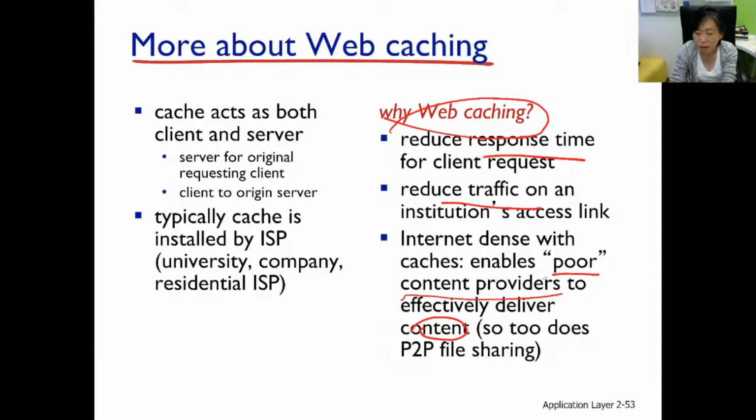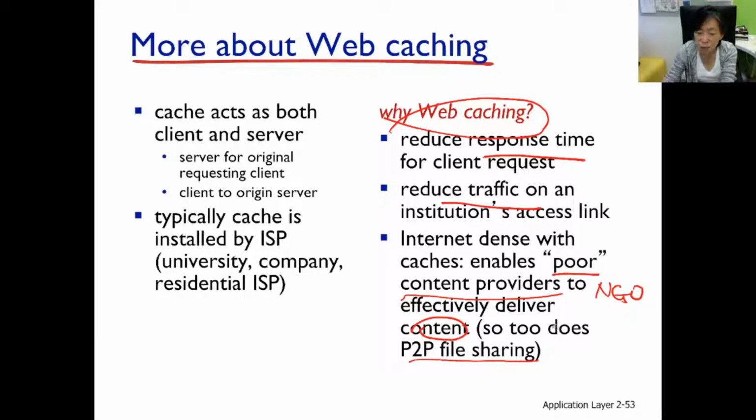All right. And this could be a good thing because most of the NGOs might also have information to disseminate, but they couldn't provide good uplink bandwidth. And that actually gives rise to P2P file sharing.